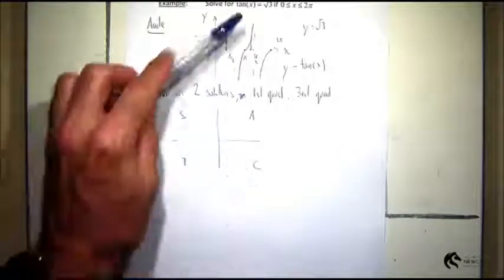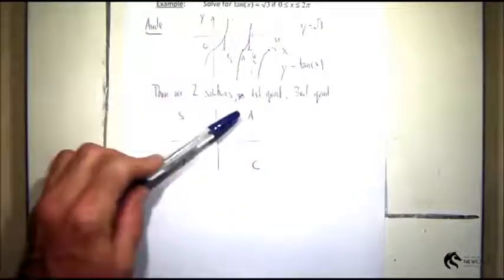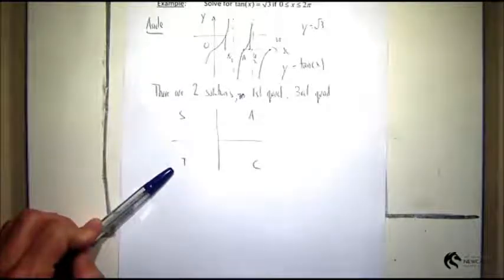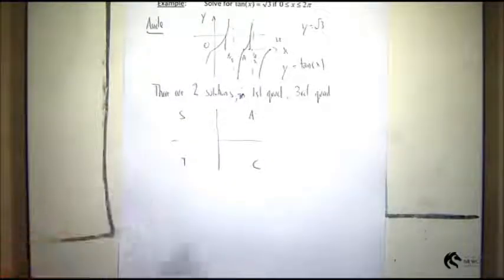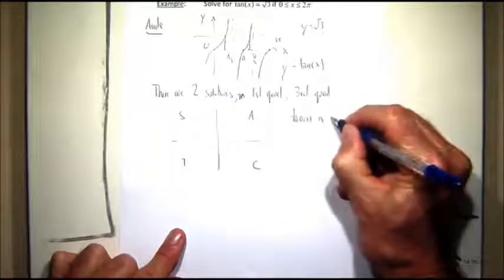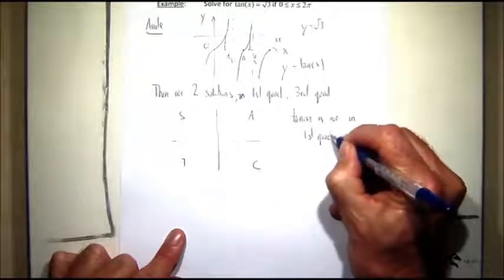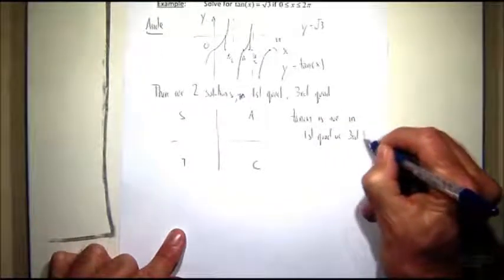So, tan x can only be a positive number in the first quadrant and the third quadrant. So tan x is positive in first quadrant or third quadrant.